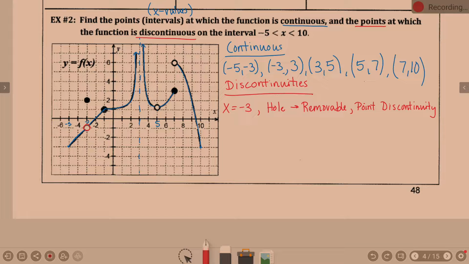What's another one? Okay. X equals 3. What do we know about x equals 3? Okay, it's a vertical asymptote. And what do we know about vertical asymptotes? Non-removable. And we can also call them what?